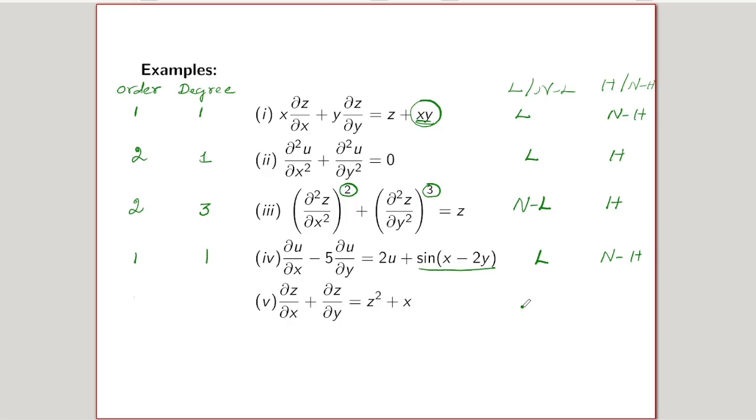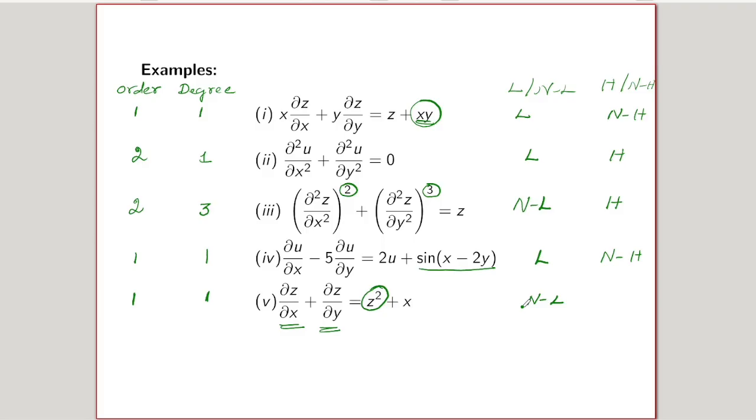And fifth example, the order is 1, the degree is 1. So here it is a non-linear equation, because you can observe that this power is 1, this power is 1. However, the power of this term z is 2.